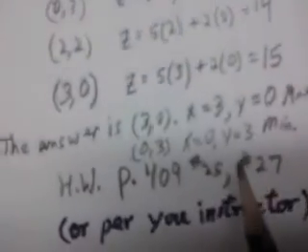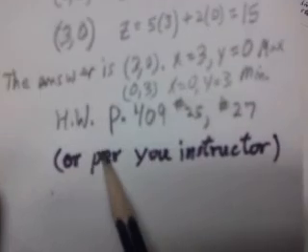That would be your answer to the problem. And once again, you can express your answer in either of these 2 ways. Usually we state it as x equals 3, y equals 0. But occasionally you might see just a point representing the solution.